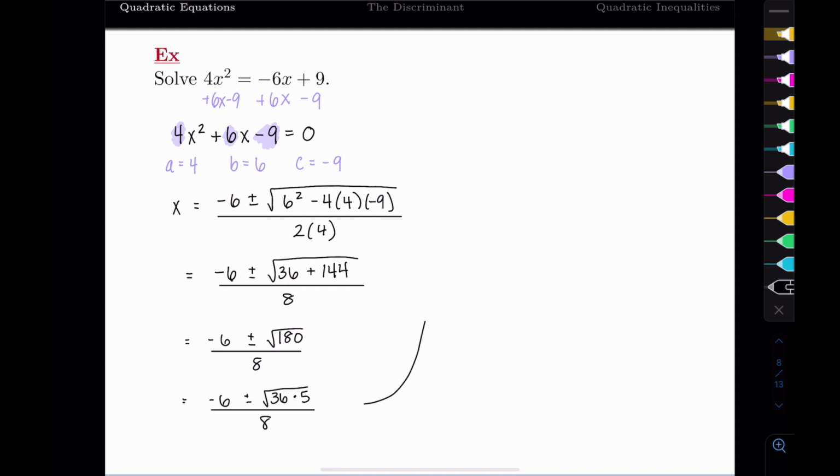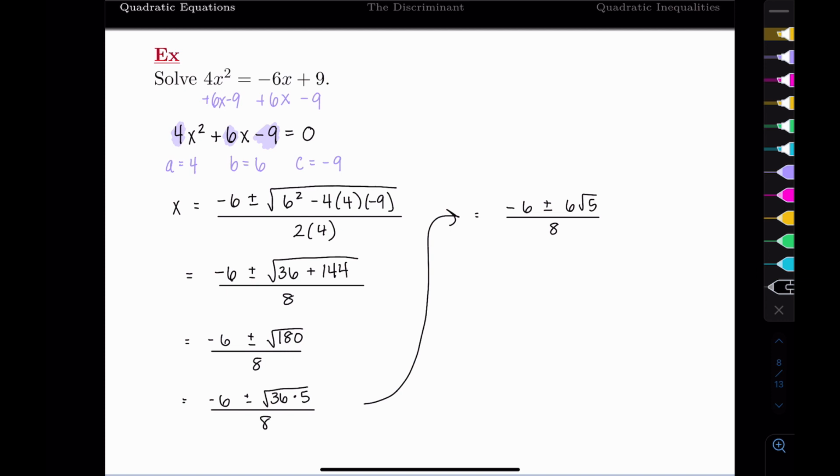I'm running out of room, so we're going to go up here. Now I can take the square root of each of those individually. So this is negative 6 plus or minus 6 root 5 over 8. Now I've got 6, 6, and 8.